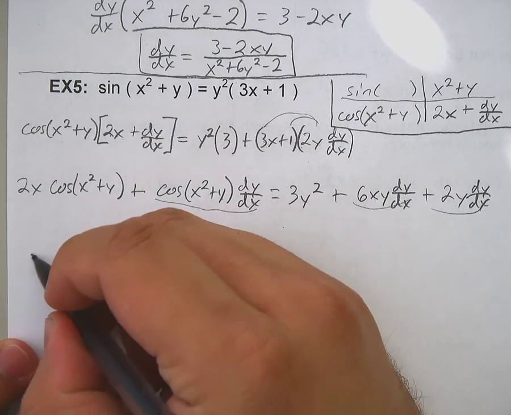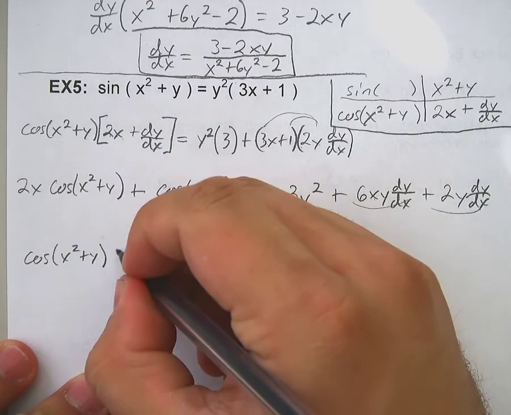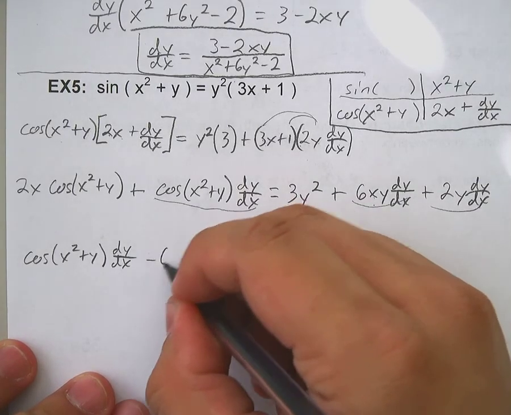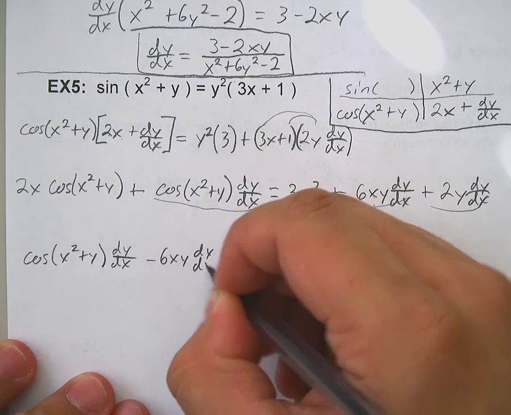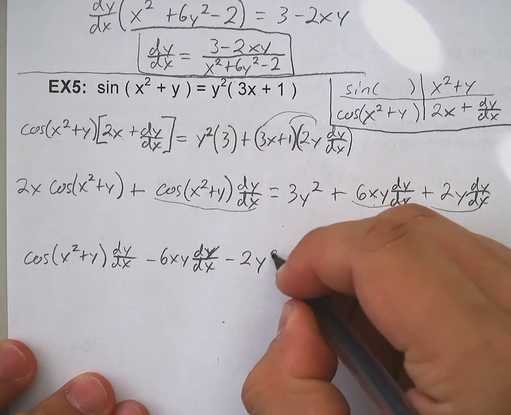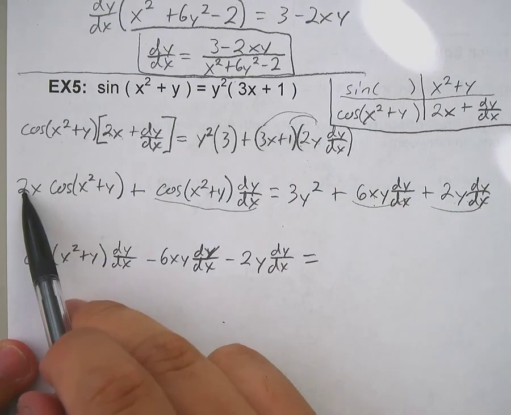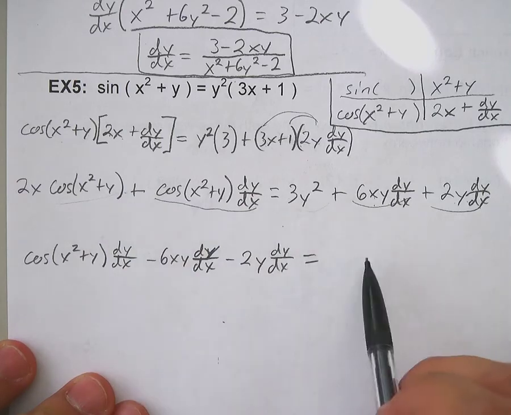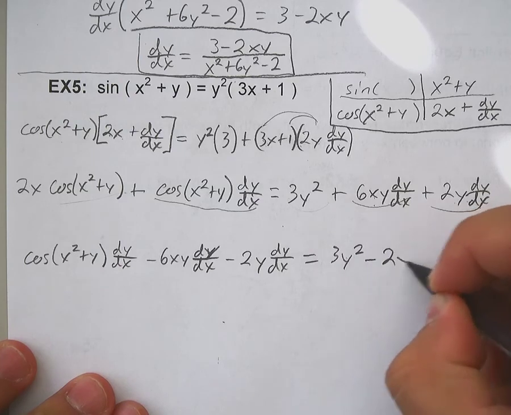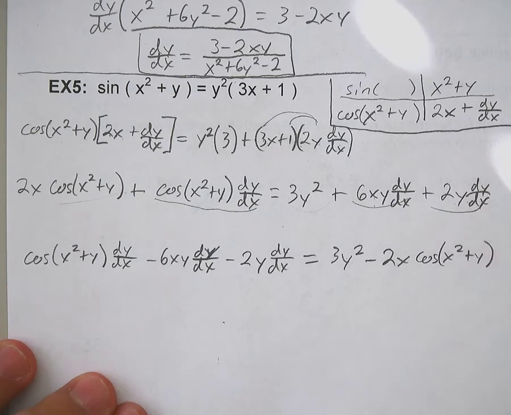So I'm going to say it's going to be cosine x squared plus y dy dx minus 6xy dy dx minus 2y dy dx is equal to, and then this guy and 3y squared are going to be over here, so it's going to be 3y squared, that stays where it's at, minus 2x cosine x squared plus y.